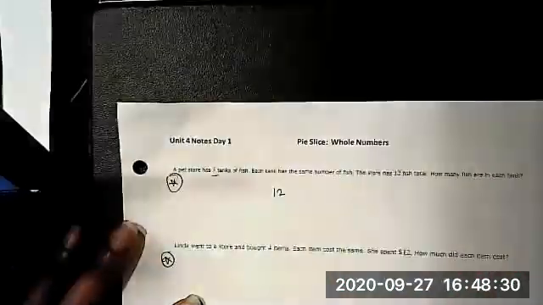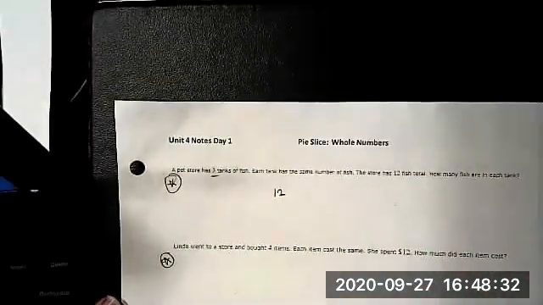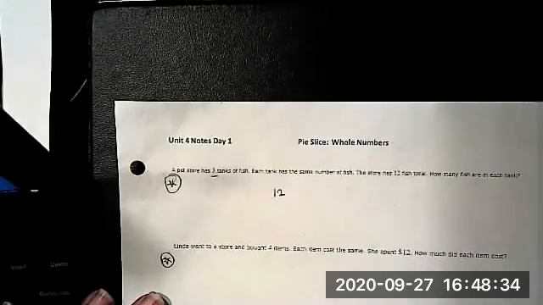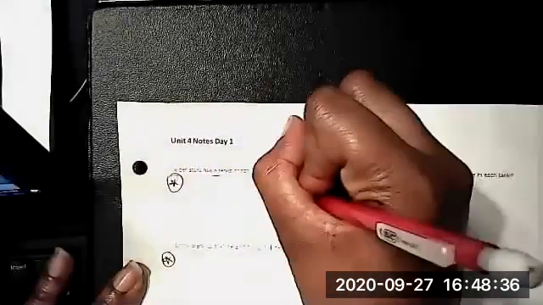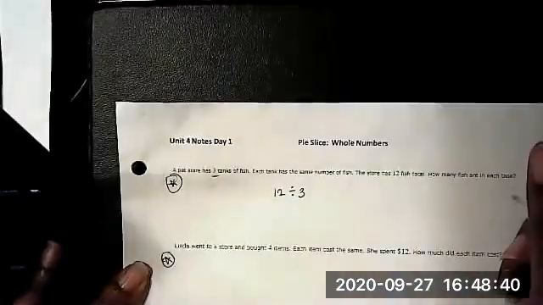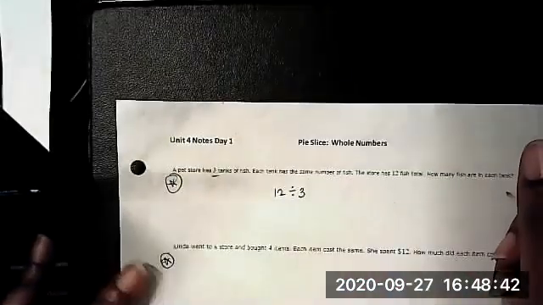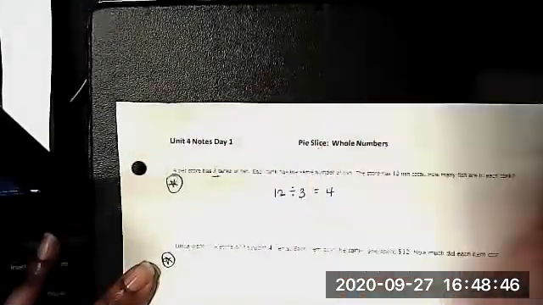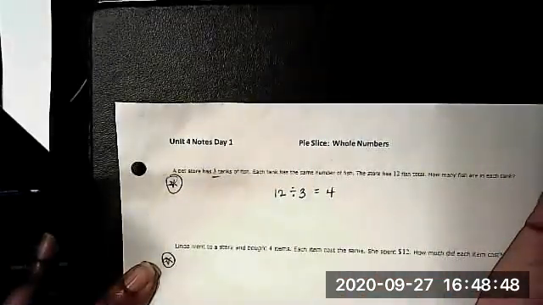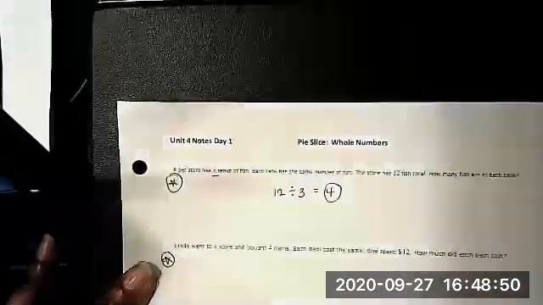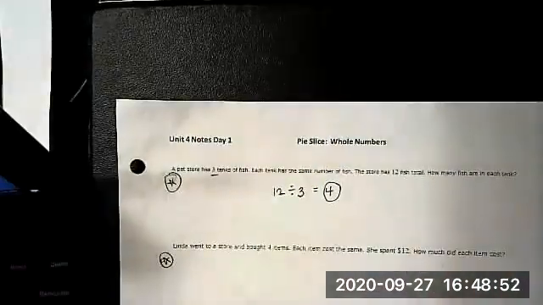If you have 12 total fish and 3 tanks, we can divide the number of fish by how many tanks there are. That's 3. Then you're going to get 12 divided by 3, which is 4. So there are 4 fish in each tank, okay?